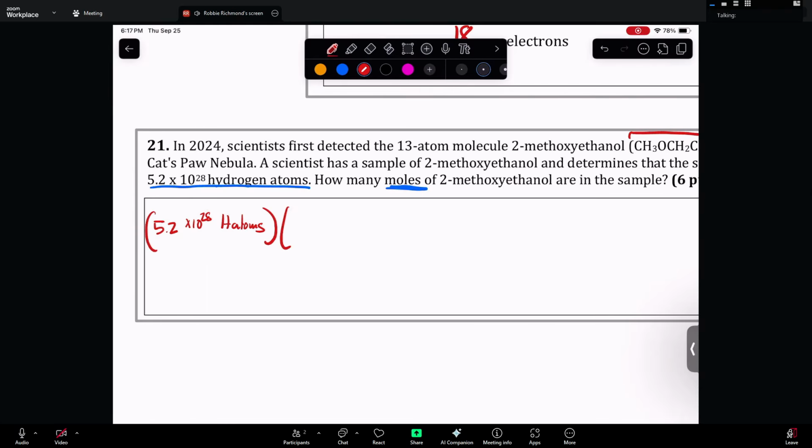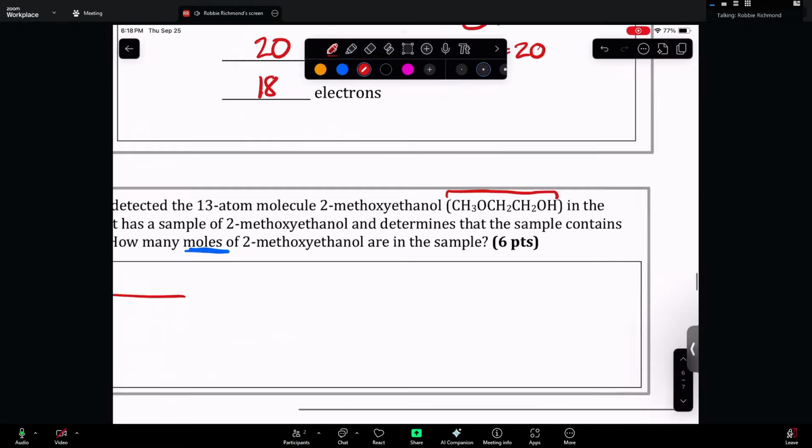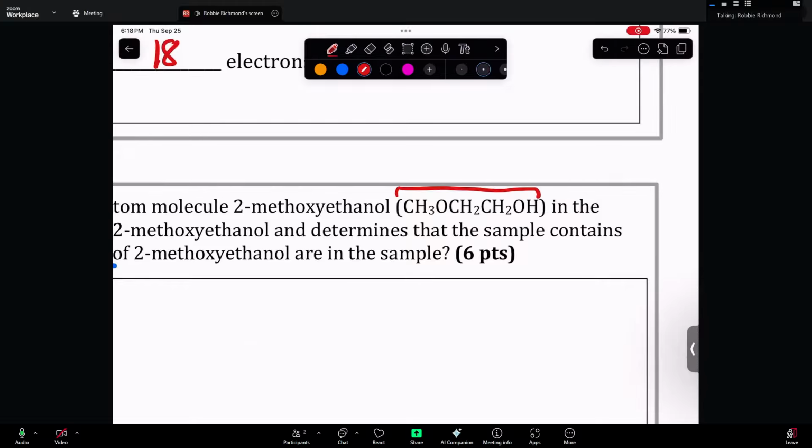Now, how can we convert this to something where we can get to moles? You can't really directly convert it to moles exactly, but we have an intermediate way. Look at this formula. It has a lot of hydrogens in it, right? So, if we figure out that this is 3 plus 2 plus 2 plus 1, that's 8 hydrogens in 2-methoxyethanol.